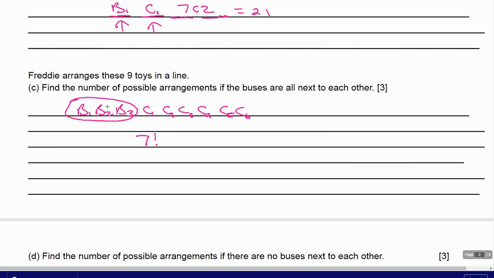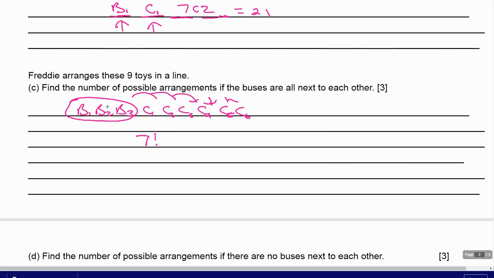Now, then what do I got to do? Because see, that's taking these buses in this order, 1, 2, and 3, always in this order, and moving them around. They could be here. They could be here. These cars switch places. They could be here.